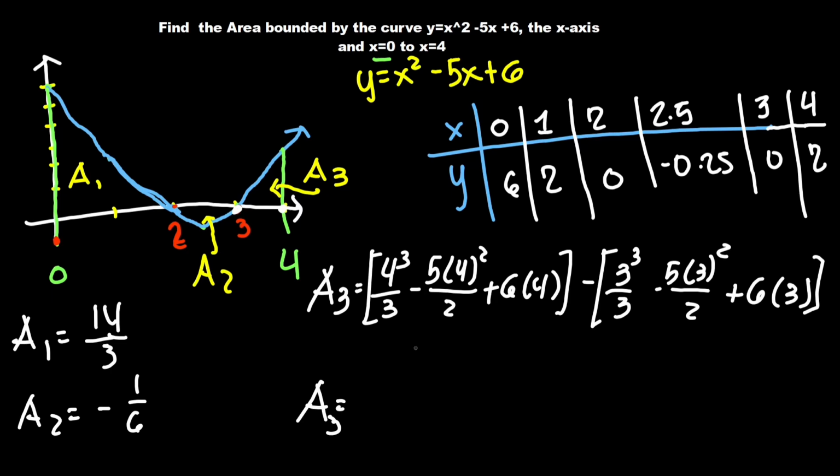Four cubed would be 64 divided by 3 minus 4 squared would be 16 multiplied by 5 would be 80 over 2, or this would be 40, plus 6 multiplied by 4 would be equal to 24.